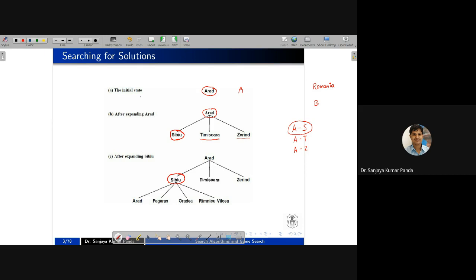Right? So if I expand S, I'm getting more cities that are connected to S. The cities that are connected to S are F, O, and R. These three cities are connected to S. But one more interesting thing you can see here is Arad is connected to S, or A is connected to S. S is also connected to A. So while you are exploring the neighbor city, you can see Arad is again coming in your search query.